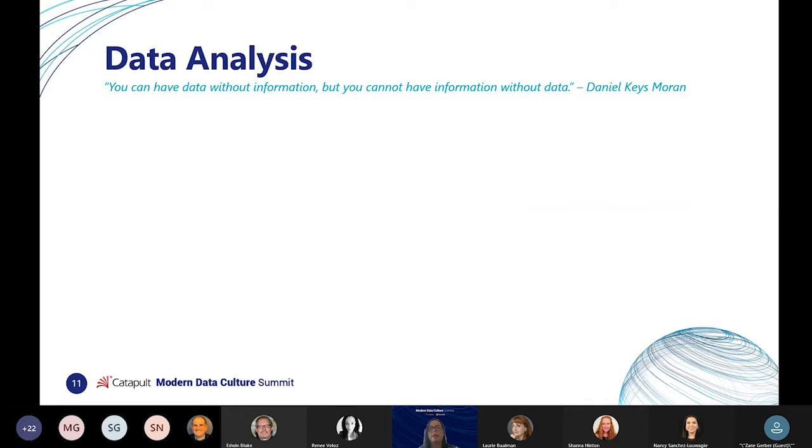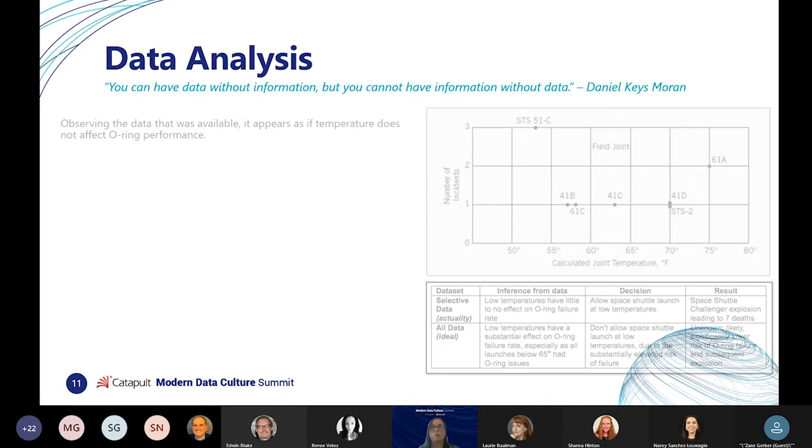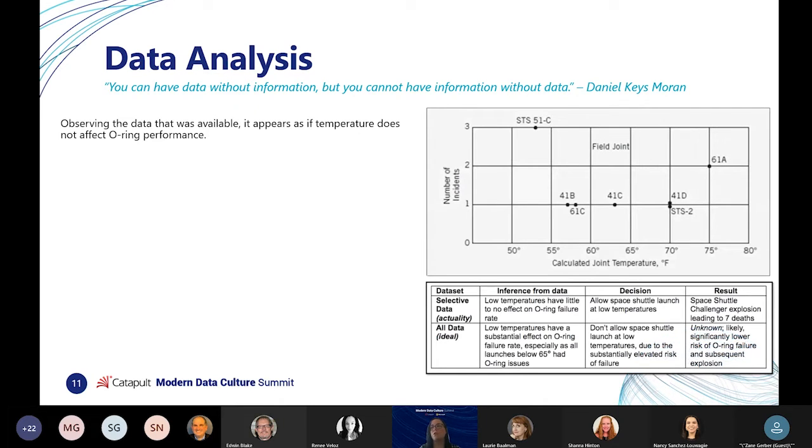So now that you have a little bit of the history, I want to talk about the data analysis and why the data that was shown at the time could have been painted a little bit more clearly for the audience it needed to be presented to. Looking at this chart, observing the data that was available, it appears as if the temperature does not affect the O-ring.